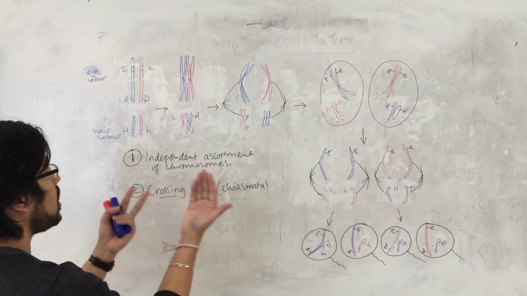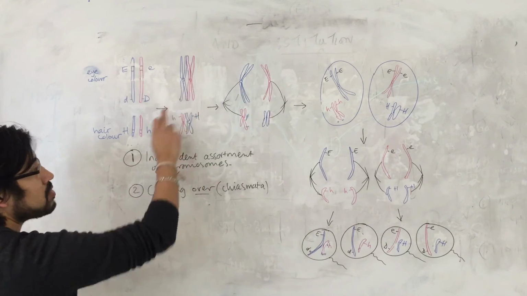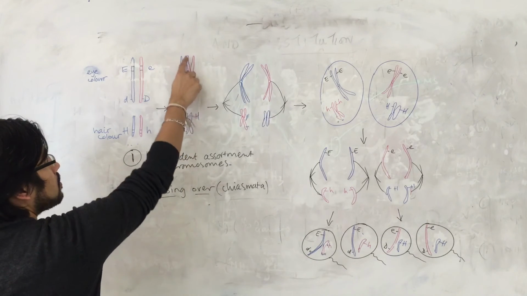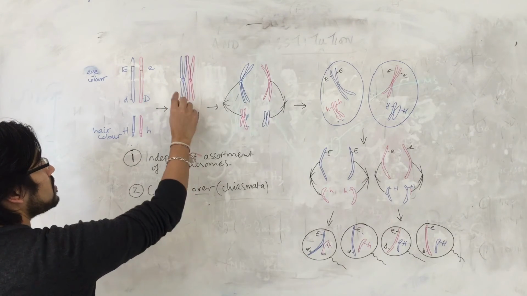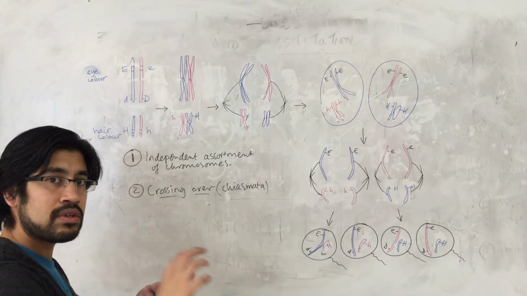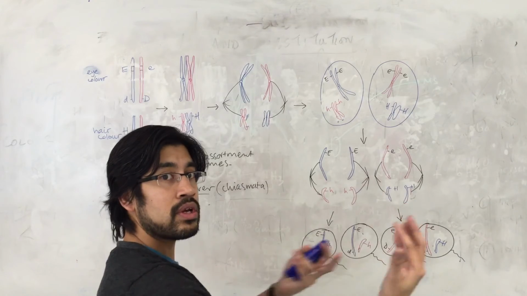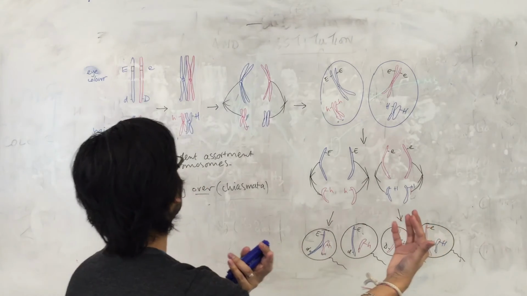exchange DNA. Okay, remember we said that there was a physical connection between this chromosome and that chromosome. There's a physical connection there. And that physical connection can sometimes lead to the swapping over of whole entire sections of DNA.